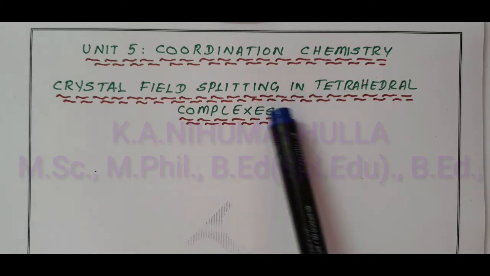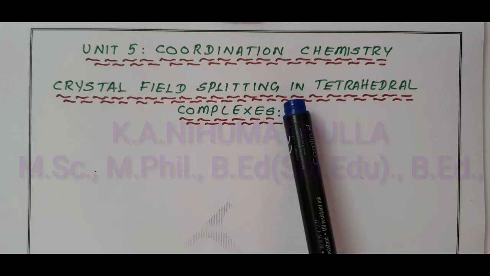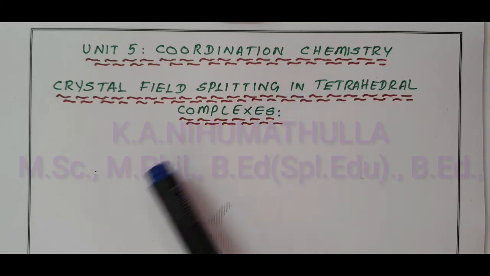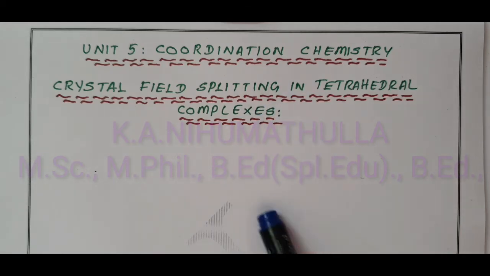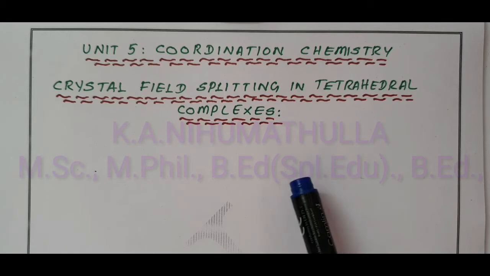After that, finally, we will discuss how the 5 d orbitals undergo splitting in a tetrahedral field.